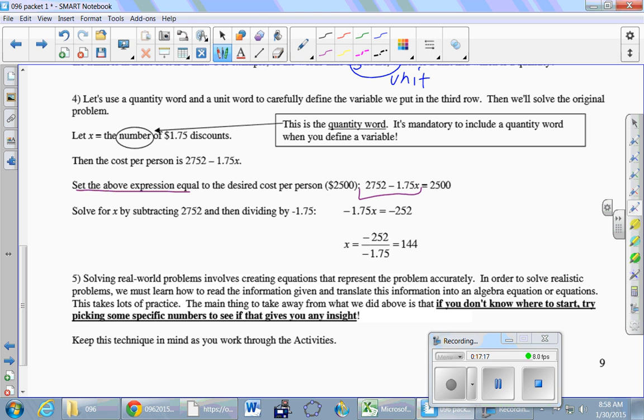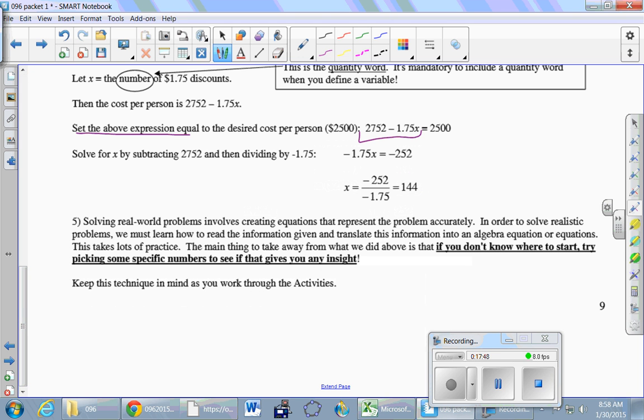In order to solve real problems... picking... Thank you.